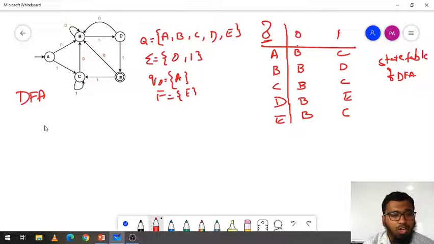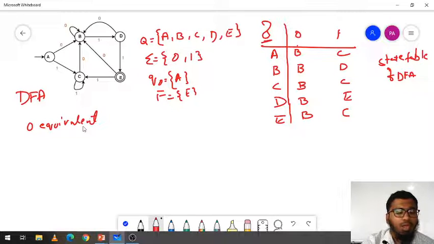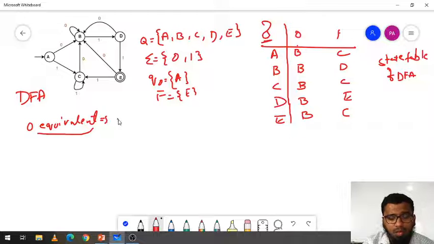Now the next step is, you need to find the 0 equivalent. The first 0 equivalent is very easy. What we need to do here is separate the normal states and the final state.